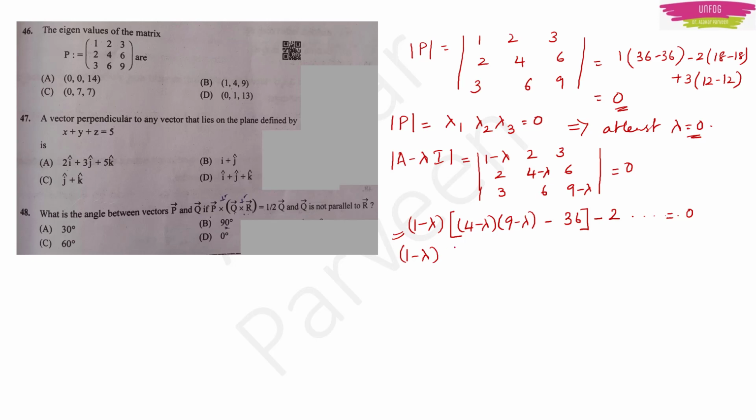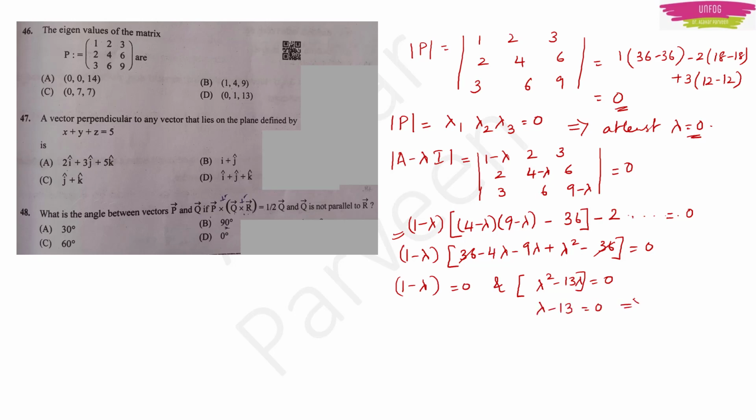(1 minus lambda) into (36 minus 4 lambda minus 9 lambda plus lambda square) minus 36 will be equal to 0. So here 1 minus lambda will be 0 and here this 36 will get cancelled. 4 plus 9 will be 13, so lambda square minus 13 lambda will be equal to 0, or lambda minus 13 will be equal to 0, or lambda will be equal to 13.